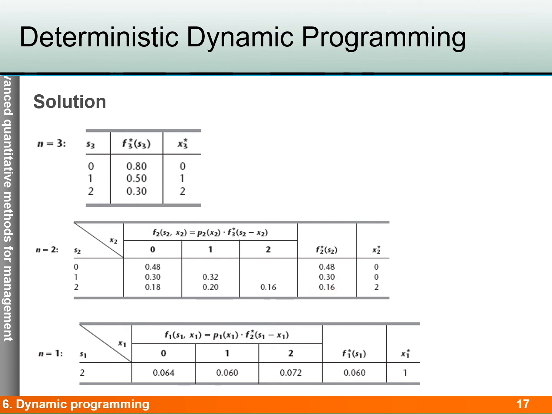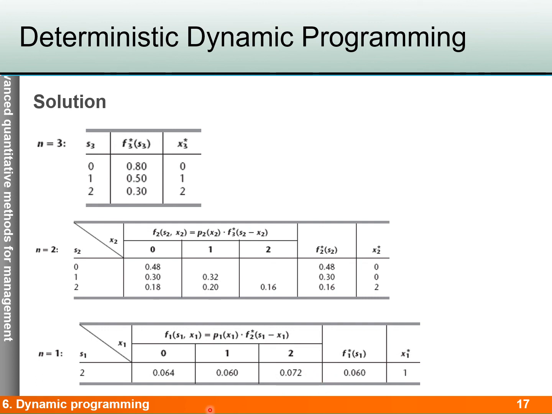So 0.3 multiplied by 0.2 gives us 0.06. And the other items can be calculated easily like this calculation.